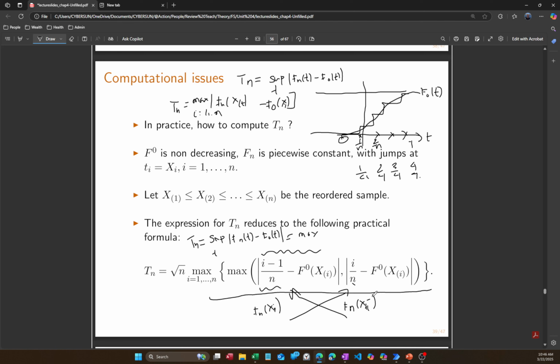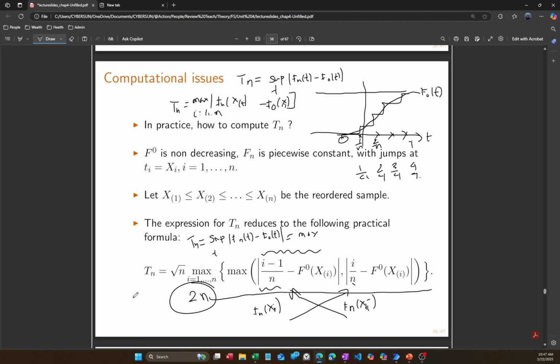In practice, this reduces the computation of Tn to evaluating a maximum over 2n values, i through n. So we are not doing it for all the values, but only 2n values. It improves the computational efficiency.